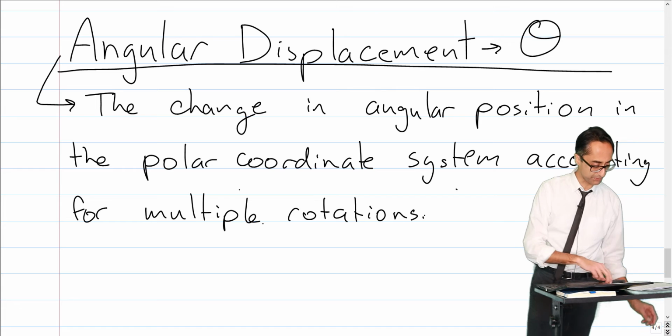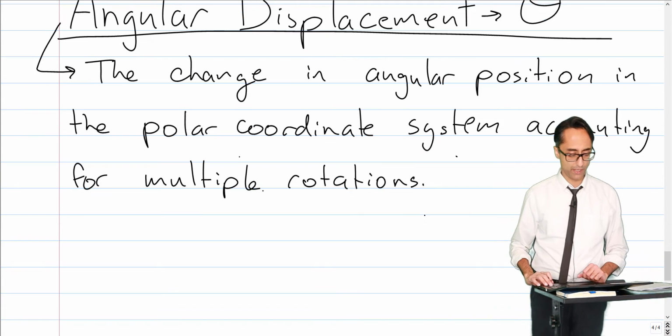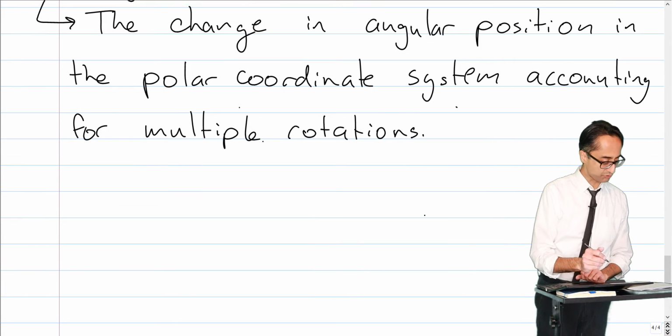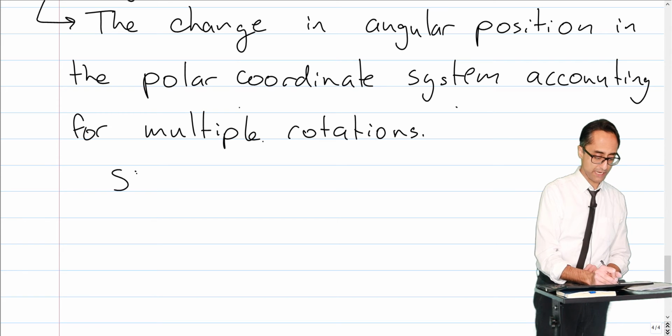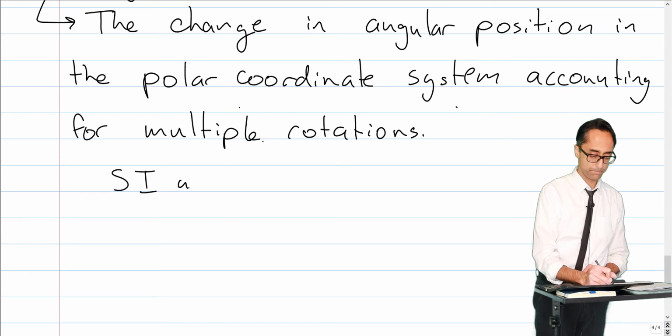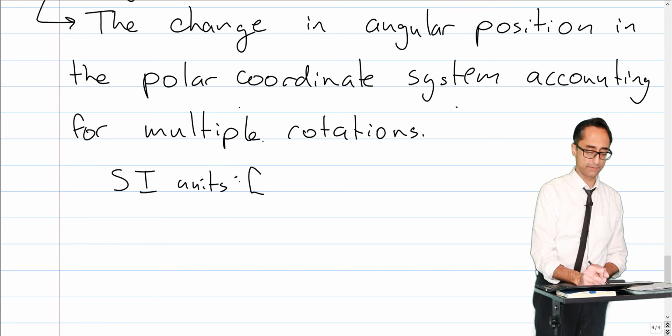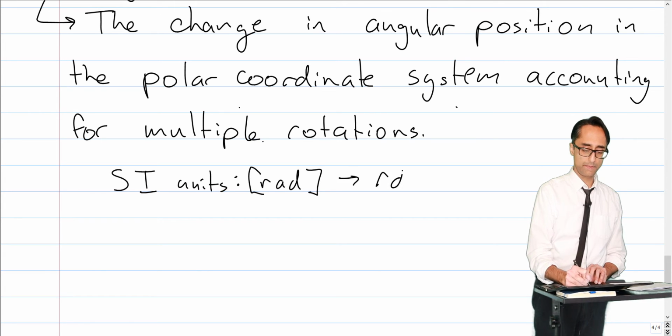And we'll get a lot more experience with that as well. But for now, we also want to know, or at least write down, our units here, which is radians. We write it as rads, and that refers to radians.